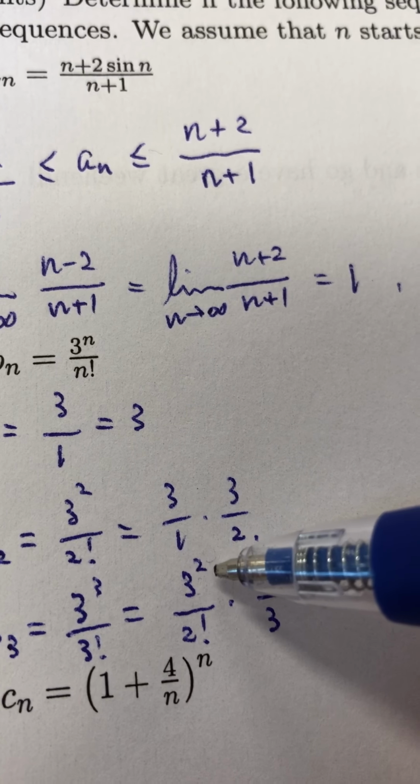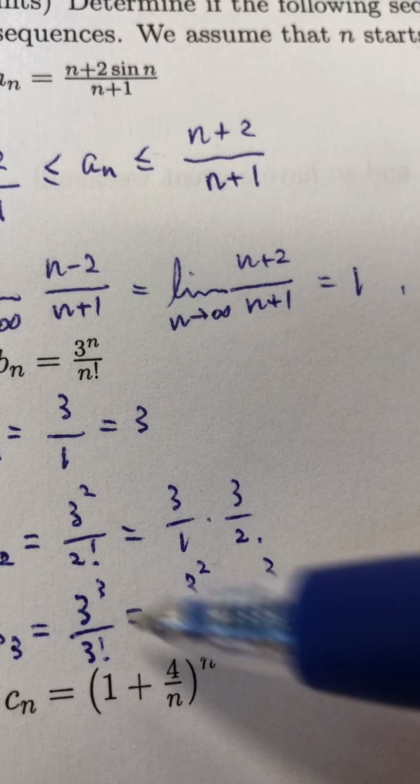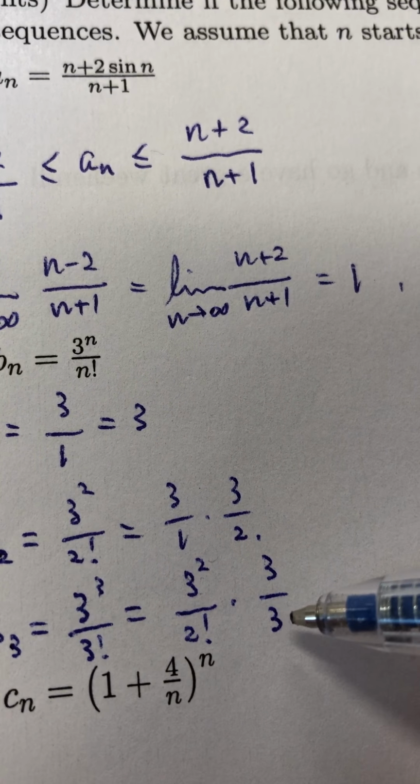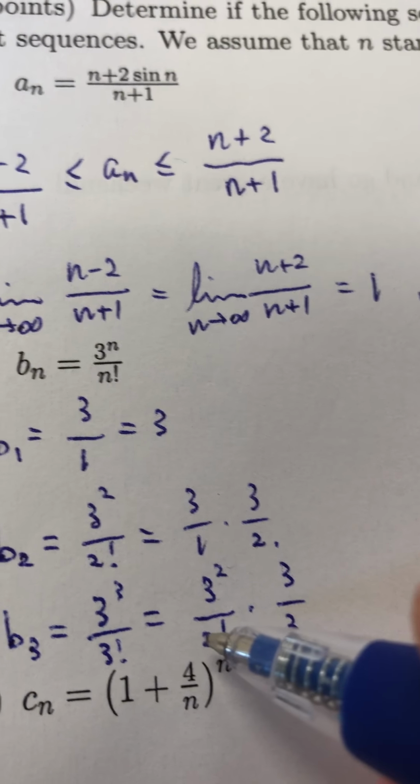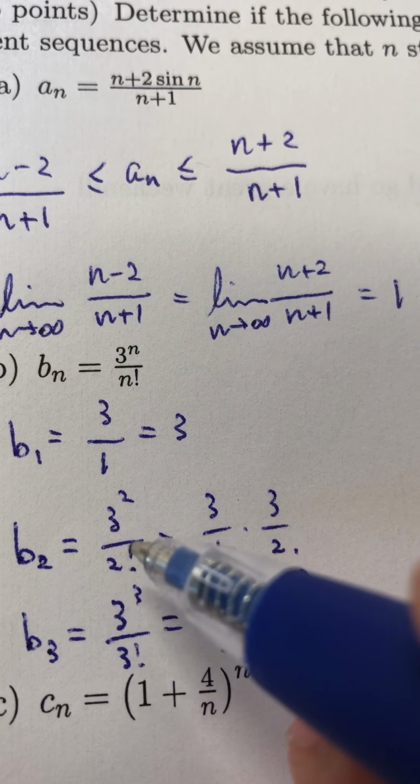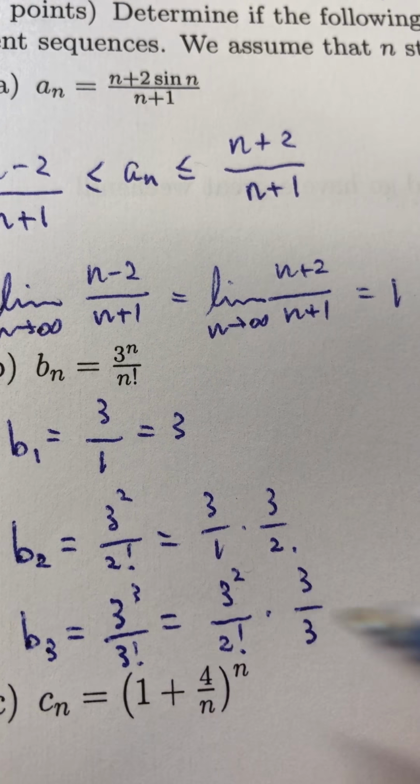This is because 3 squared times 3 is 3 cubed. 2 factorial times 3 is 3 factorial. And now, this time 3 over 3 is 1. And this term here is exactly b2. So b3 is the same as b2.